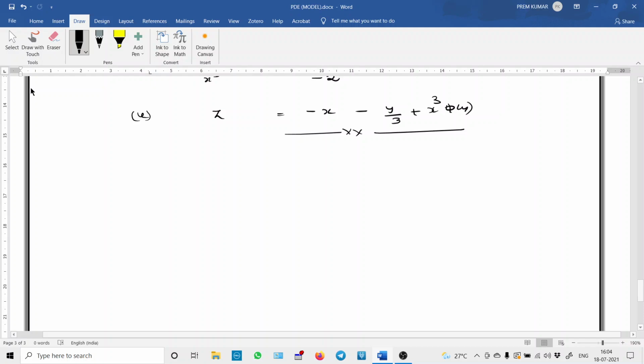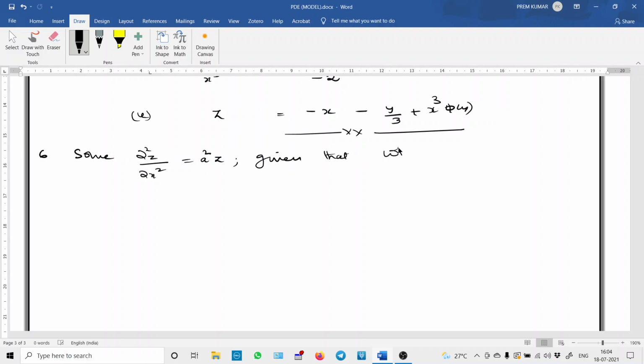Solve ∂²z/∂x² = a²z, given that when x = 0, ∂z/∂x = a sin y and ∂z/∂y = 0.